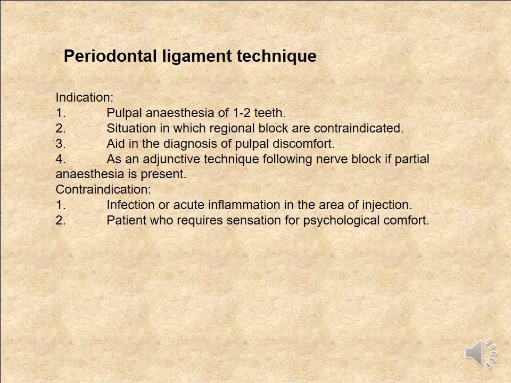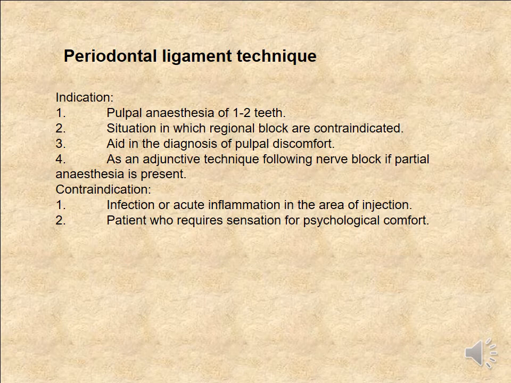We have a technique called the periodontal ligament technique. Its indications are pulp anesthesia of one to two teeth, situations in which regional block is contraindicated, aid in diagnosis of pulpal discomfort, and as an injection technique following nerve block if only partial anesthesia is present.